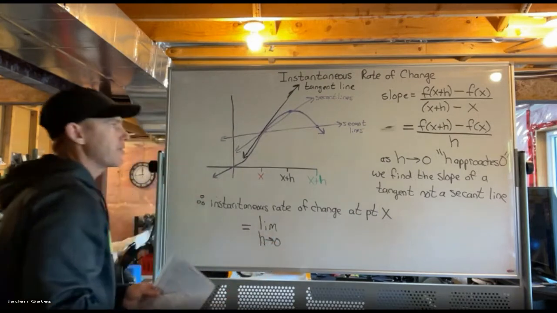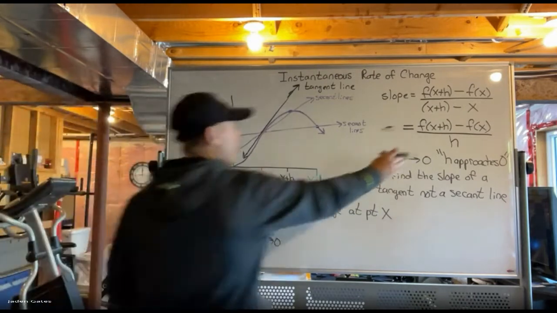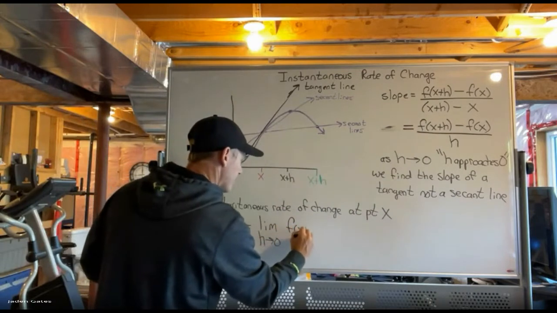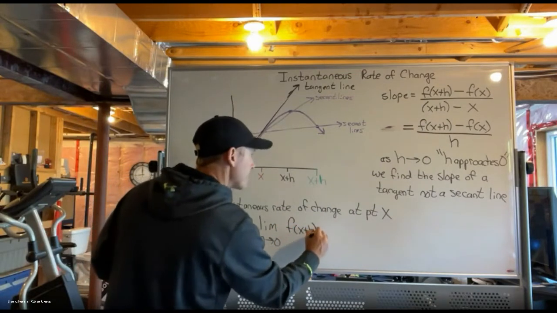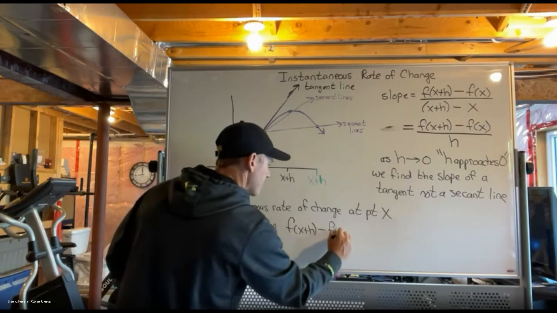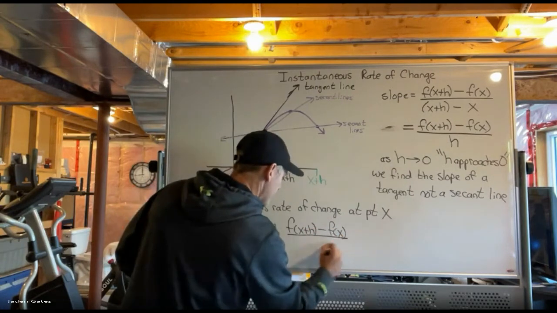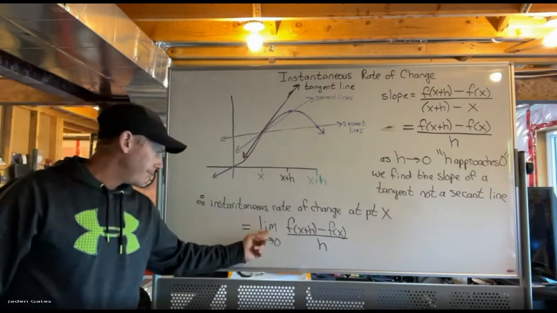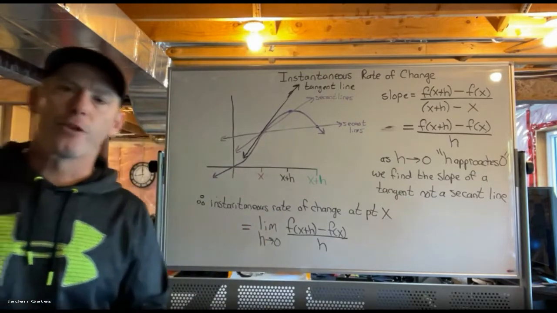I'm going to explain what this notation means. There's our slope for a tangent line up there. We have our f of x plus h minus f of x all over h. So what this is saying is this LIM stands for the limit.